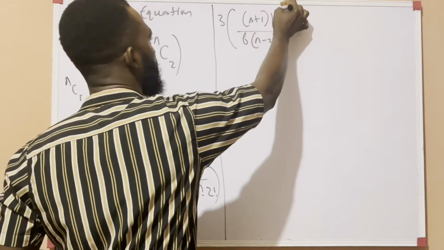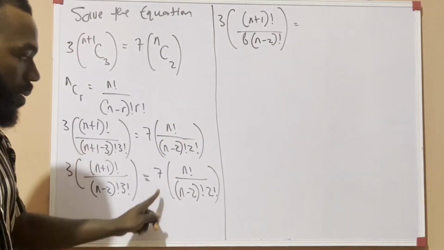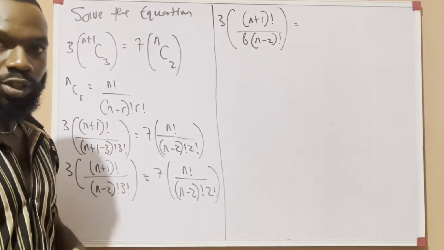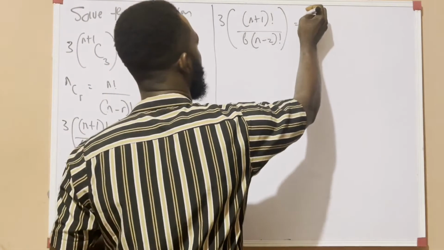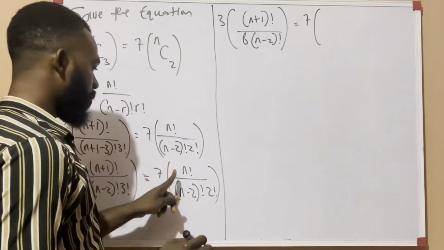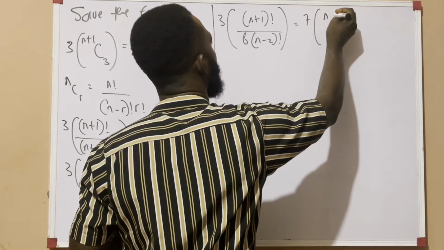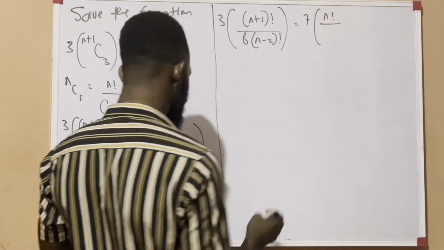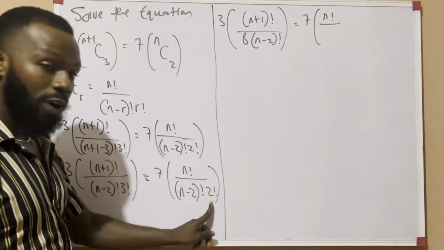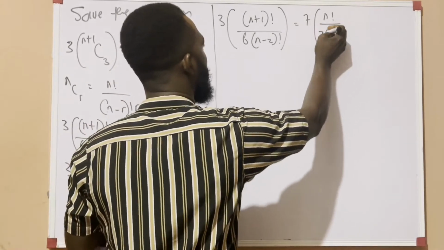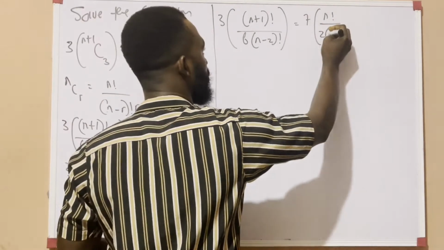Close the bracket. Equals, same thing, 2 factorial means 2 times 1, which is 2. So here becomes 7 times the bracket of n factorial over 2 times the bracket of n minus 2 factorial.